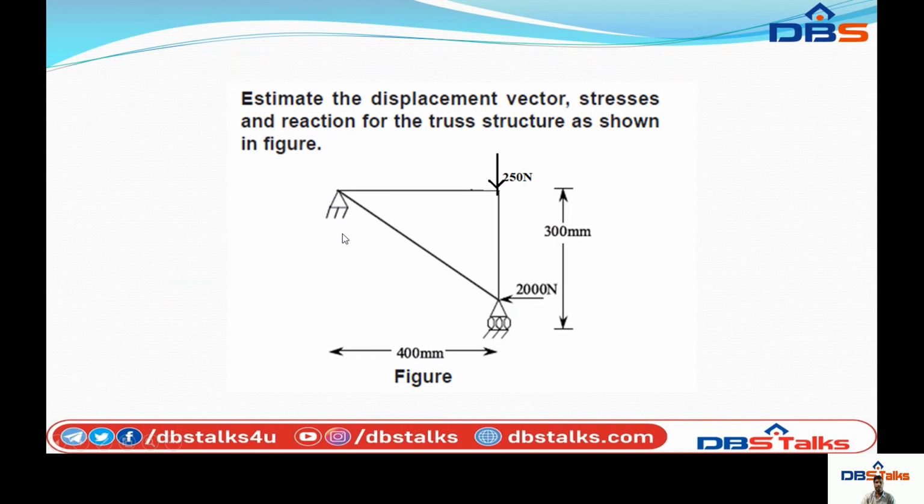In truss structures also, the element has two nodes, but here the directions of travel are horizontal and vertical. Horizontal will be U1, vertical will be U2.